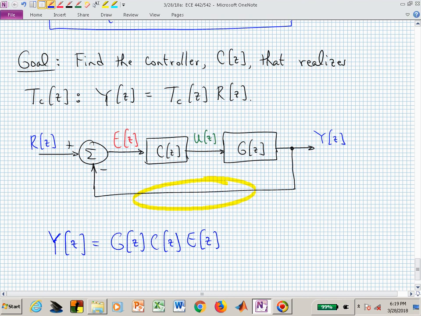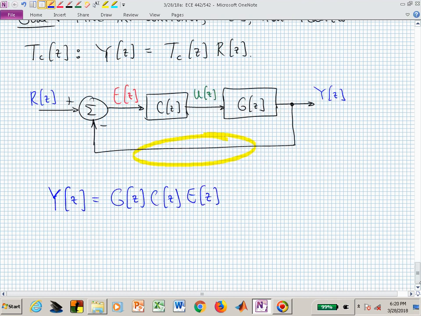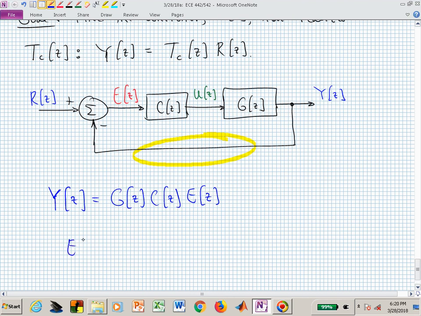And what's the output of this summing junction? It's the error signal. Let's write that equation. E of Z is in fact just R of Z minus Y of Z.